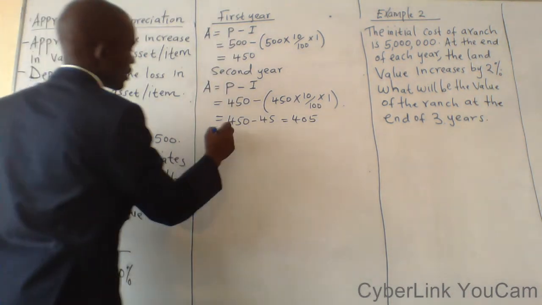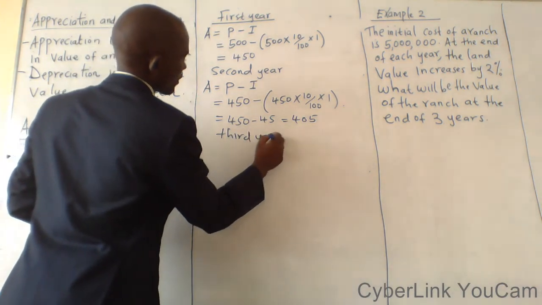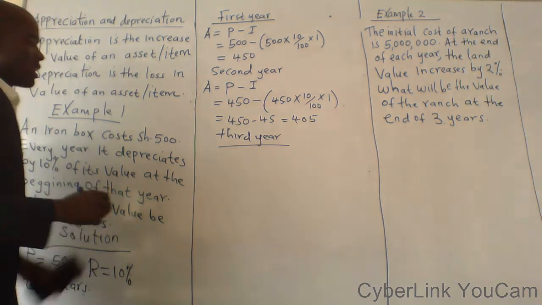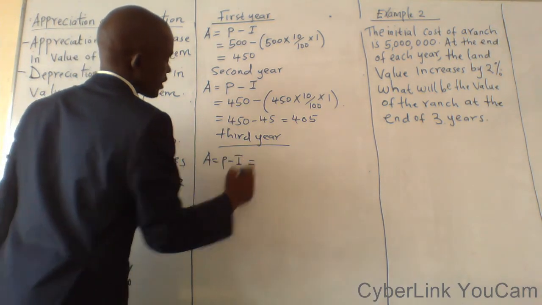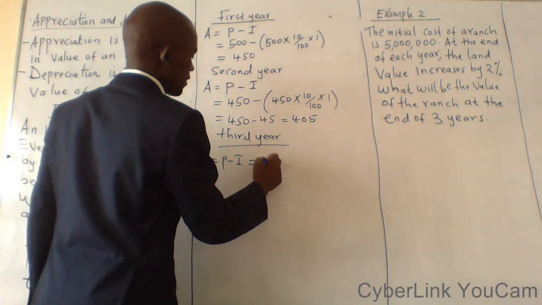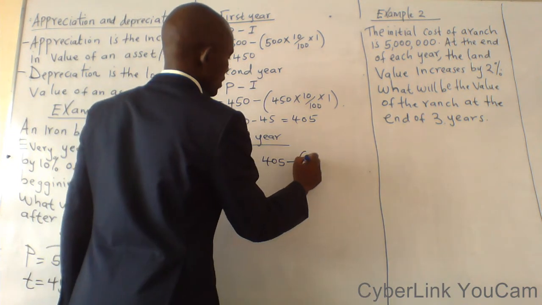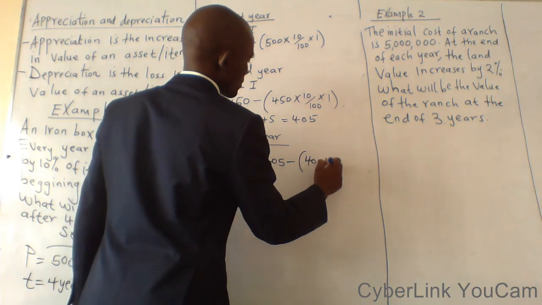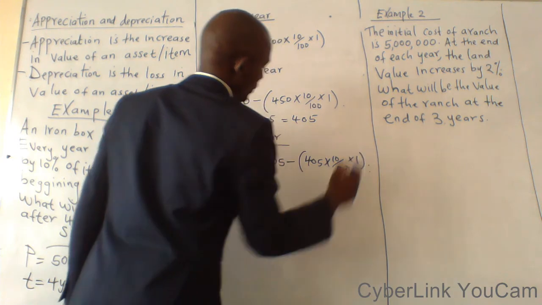405 shillings. If we move to the third year, the same thing happens. Amount is equal to principal minus interest. We know the principal is 405 minus the interest, which will be the principal times the rate times 1.